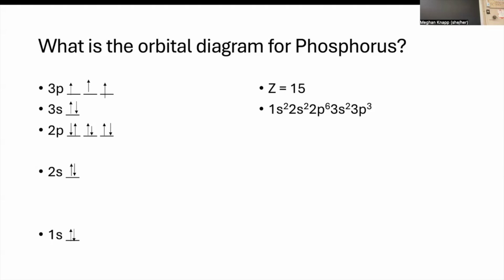All right. Now, to draw out the configuration, we put this here showing you the three up arrows, so you know whether it's up or down and what the m sub l is going to be. So what is n if we're in this last set? What is n? 3. What is l? It's not 2.